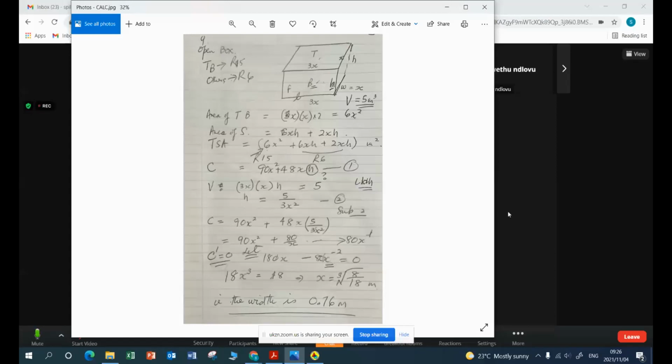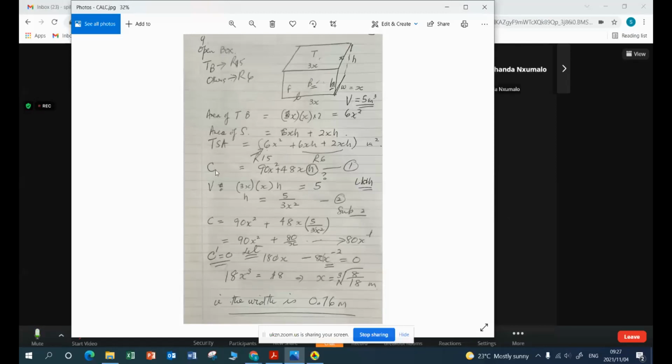So now you have a cost equation in terms of Rands, which is 90x squared plus 48xh. Further, you're given that the volume is equal to 5 cubic meters.